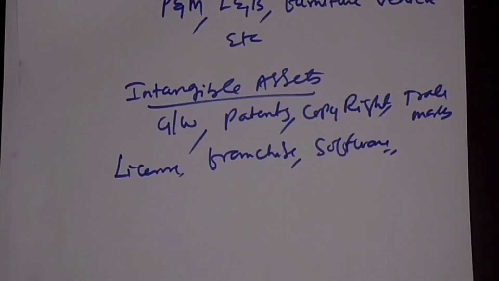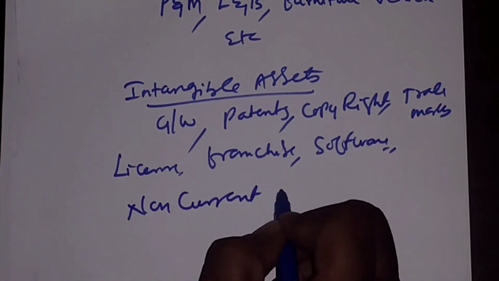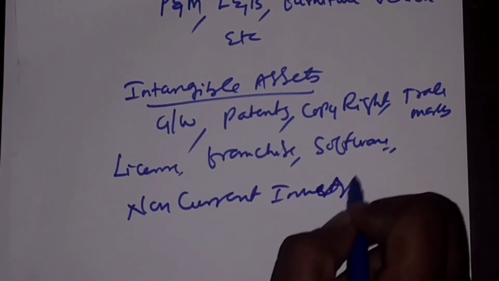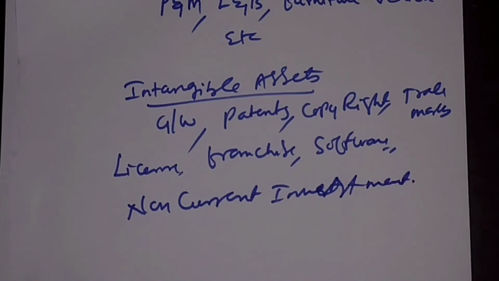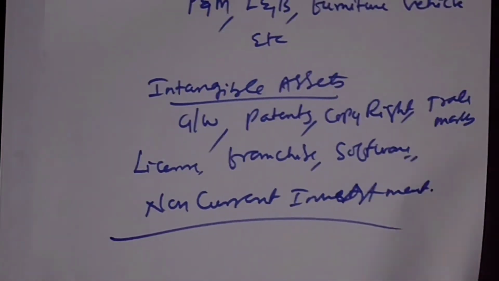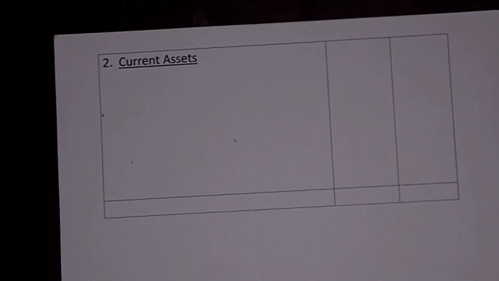Next one is non-current investment. Non-current investment means an investment for more than 12 months. And other non-current assets are various other assets held for a long period. Next, as per our format, after non-current assets we have the current assets.